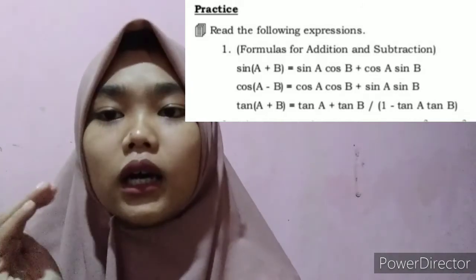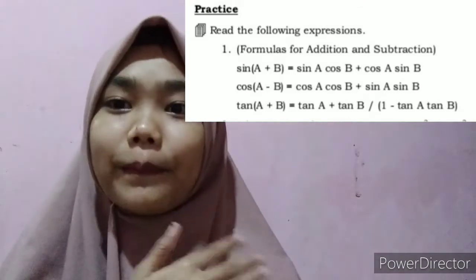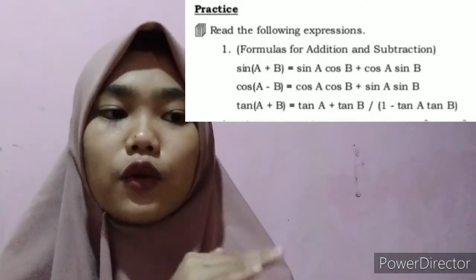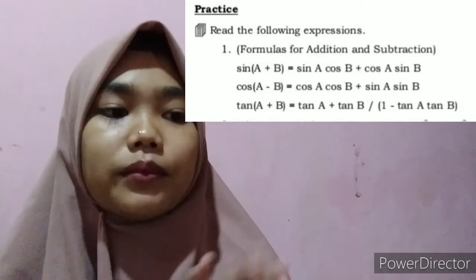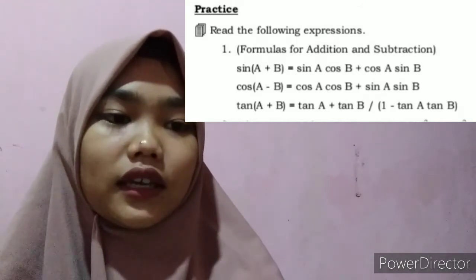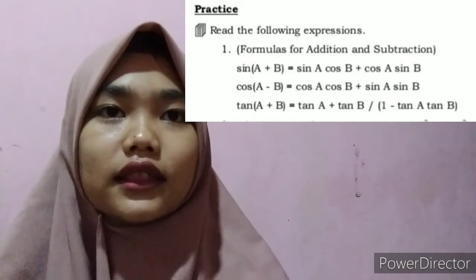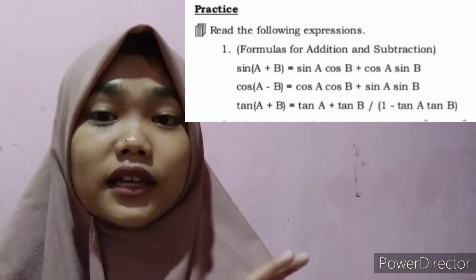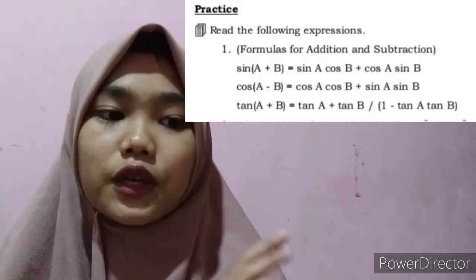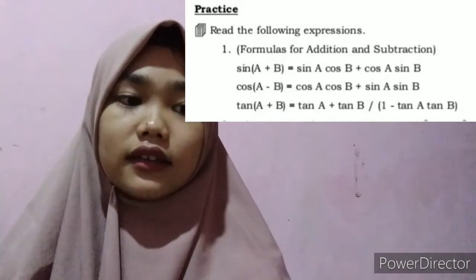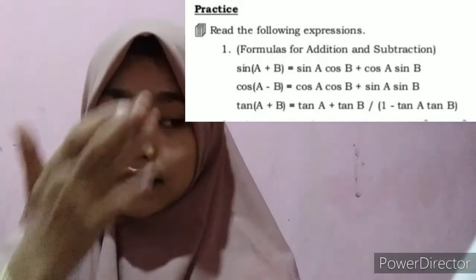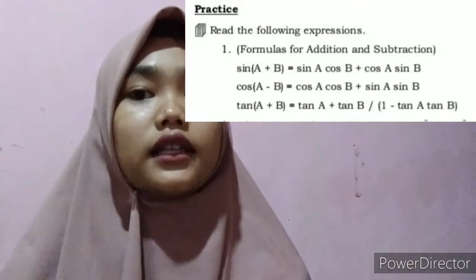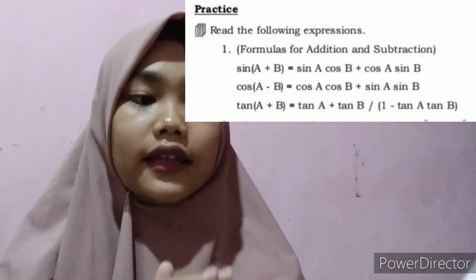Cos of (a minus b) is equal to cos a cos b plus sin a sin b. Tan of (a plus b) is equal to tan a plus tan b divided by (1 minus tan a tan b).